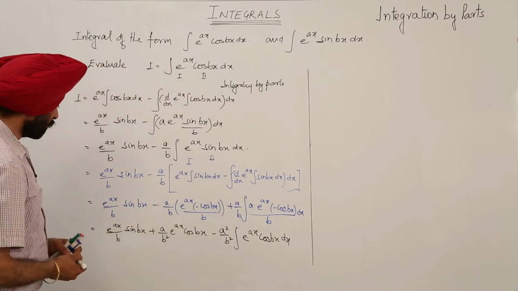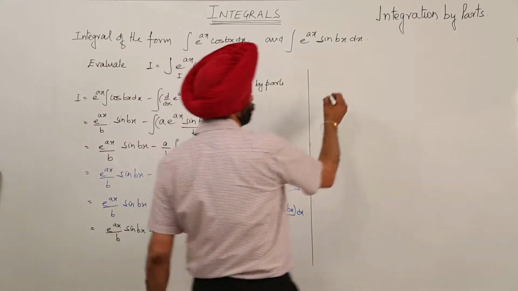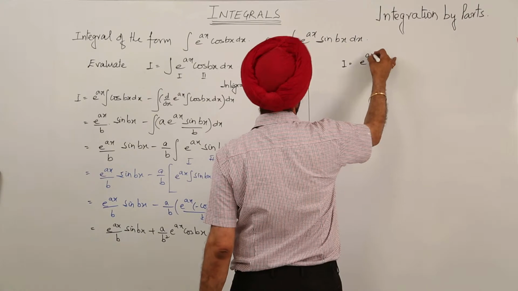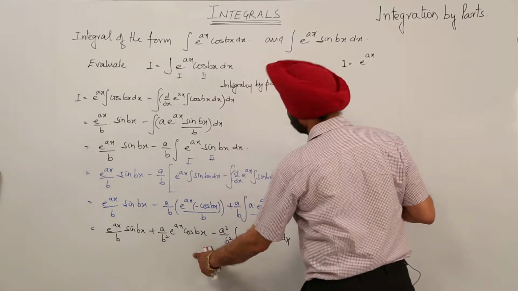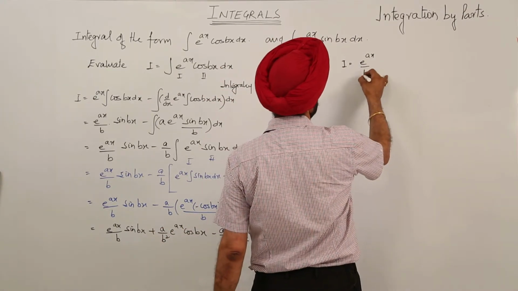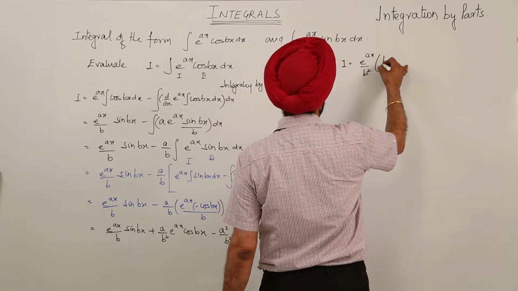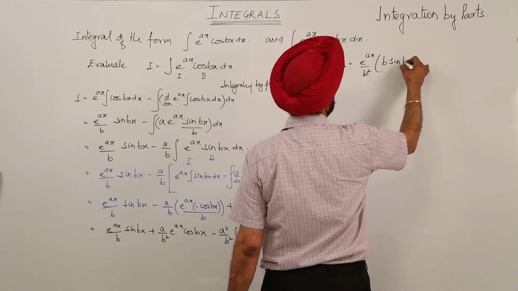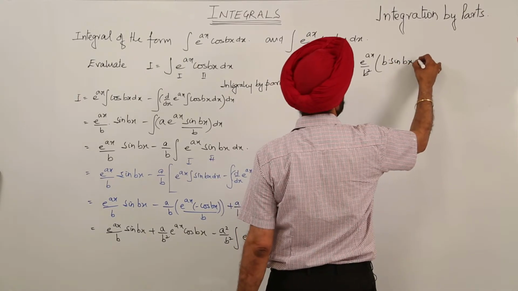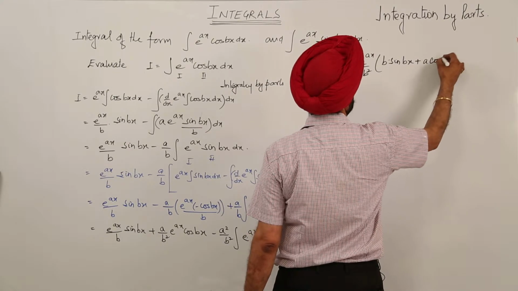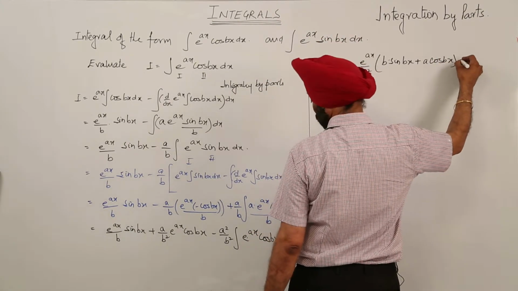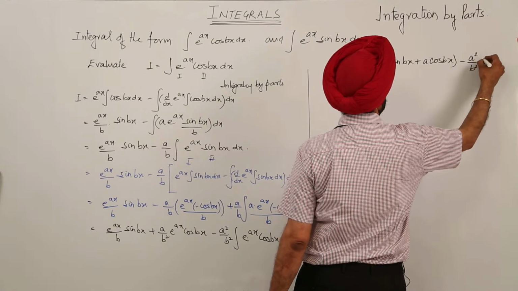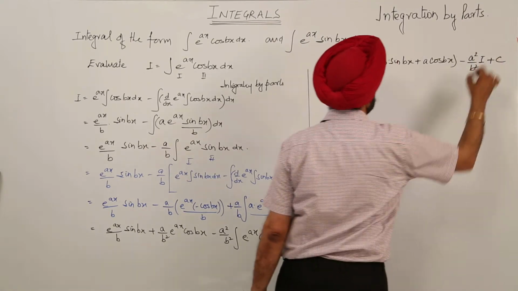Okay, so now what we are having? We are having e raised to power ax common from these two, upon b square, b sin bx plus a cos bx, minus a square upon b square I plus c.